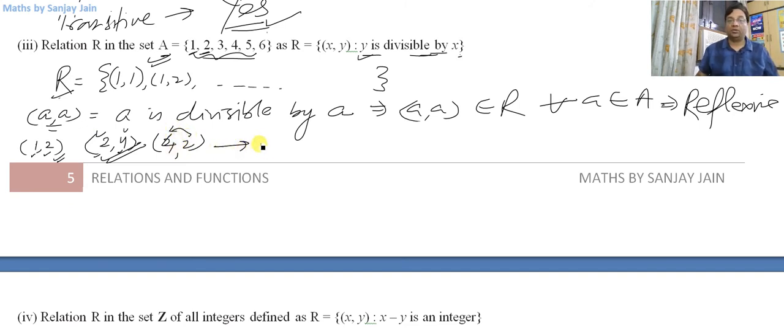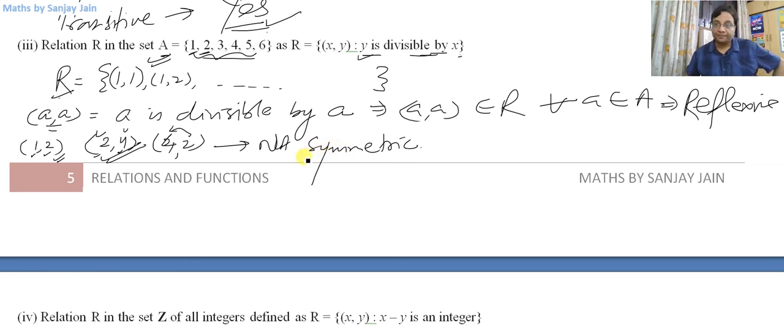So it is not symmetric, and it is enough for me to show only one exception for saying it is not symmetric. I have given you one exception: 2 comma 4 is present, as 4 is divisible by 2, but 4 comma 2 is not present, as 2 is not divisible by 4. So it is not symmetric.